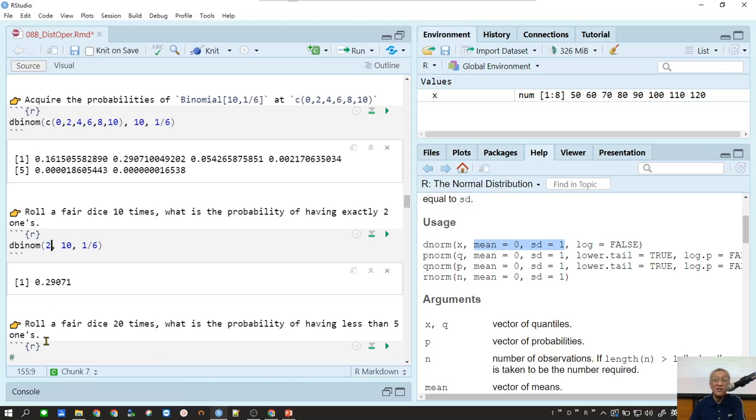So what is the probability of it occurring 0 times? 0.16. Yeah, it's this one, right? Okay. What is the probability that it occurred 10 times? 0.0. It's this one, right?